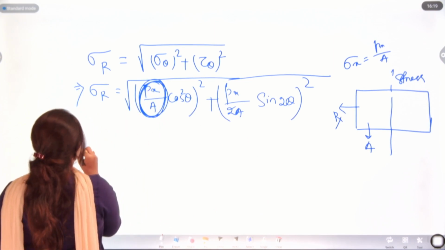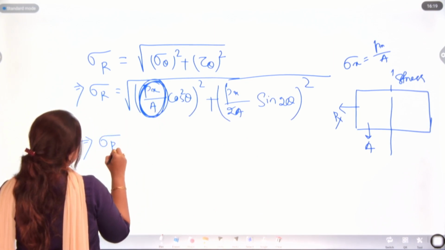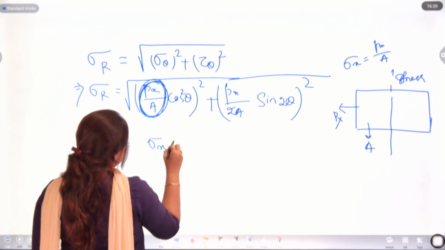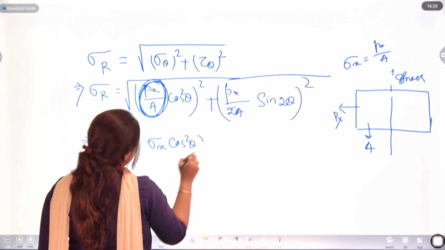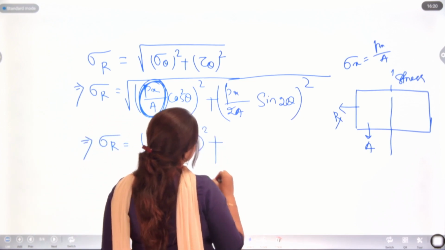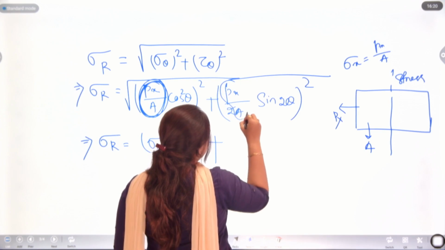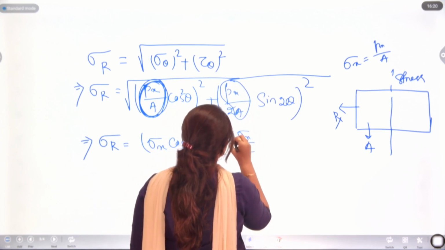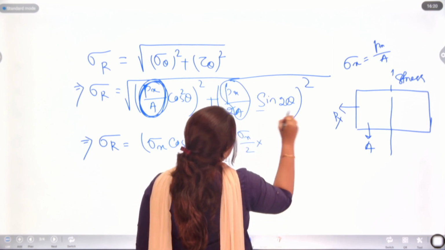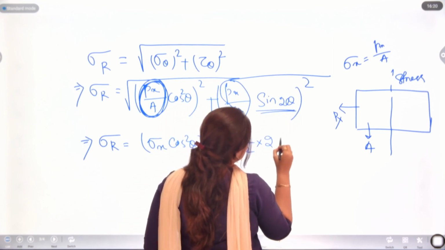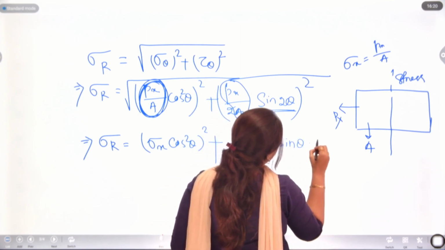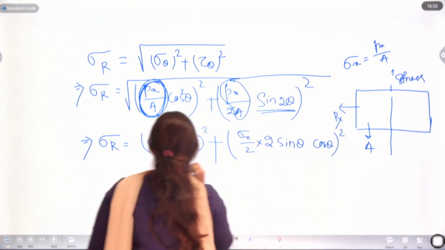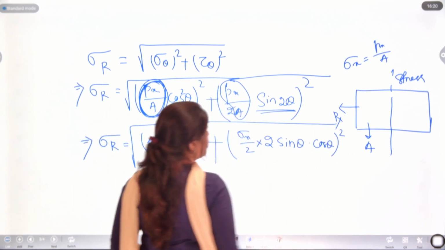Our Px upon A will be sigma x, so we have (sigma x cos square theta) whole square plus (sigma x by 2 into sin 2 theta, which we can write as 2 into sin theta into cos theta) whole square.